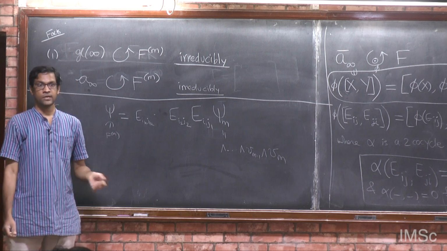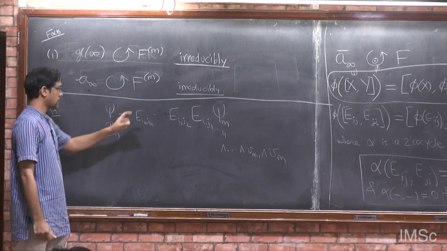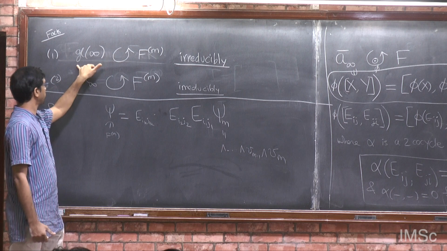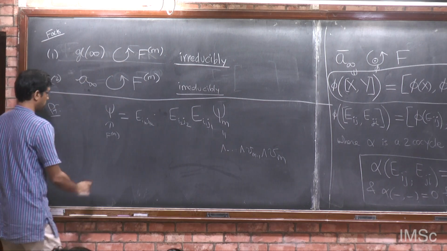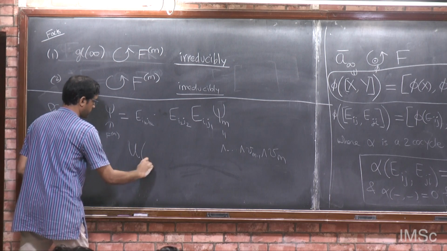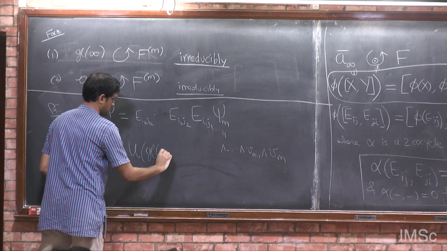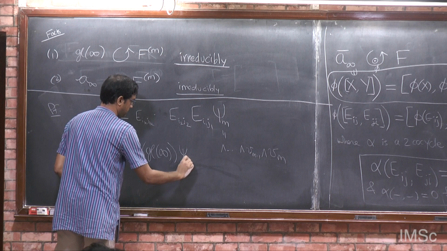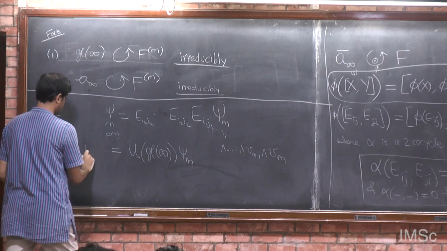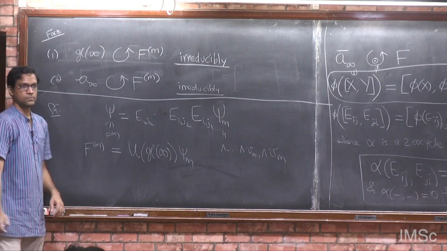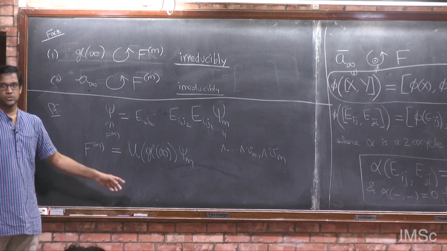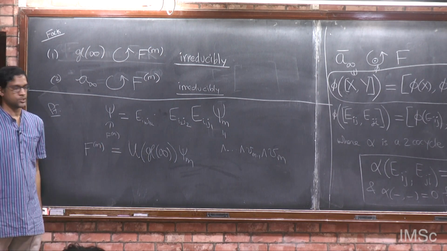So what that says is that every psi can be obtained from psi m by repeated action of elements of GL infinity. This just means if you take the universal enveloping algebra of GL infinity and act it on psi m, you will get everything in Fm. So this just means repeated actions of the Eijs.